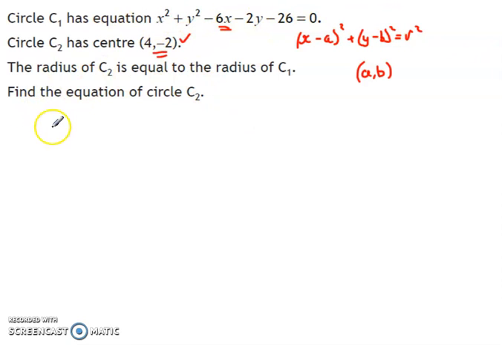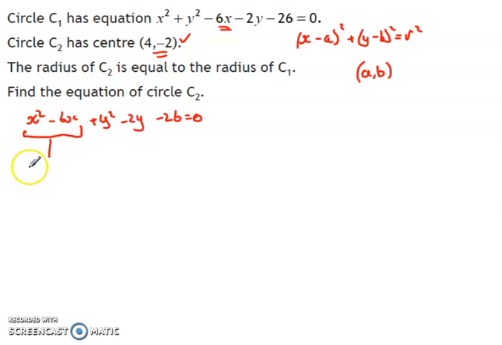So what I'm going to do is take this equation here and put the x terms together. So I'm going to have x squared minus 6x plus y squared minus 2y, take away 26 equals 0. What I'm going to do for each of these is essentially put it into completed square form.